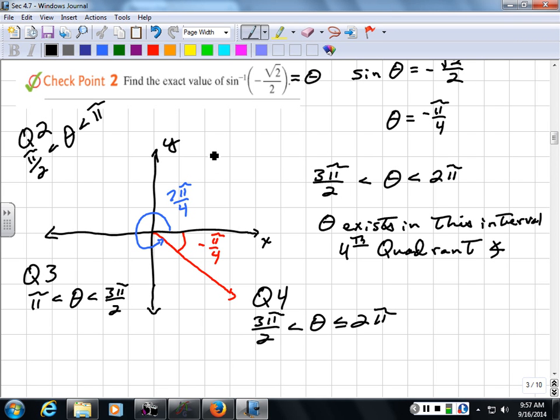And then obviously quadrant 1 is going to be 0 less than theta less than pi over 2. So keep that in mind when we're dealing with these things. We can put it in interval notation. Now, actually, this is inequality notation. What would it be in interval notation? That's interval notation, right?